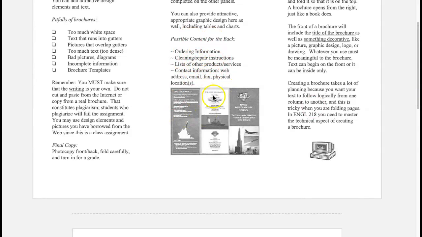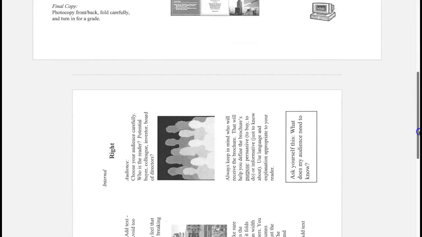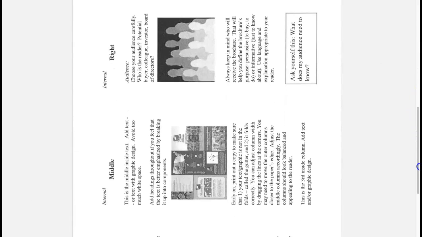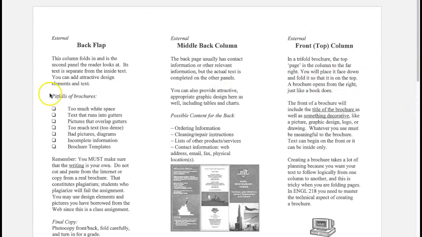Well, this is the middle flap, which is technically in the back. And right here in this flap is where you want to put your reference page, right? But this is more helpful if you were to print it out and fold it, because you can definitely see how the brochure is organized. But in any case, it tells you what the brochure should have in terms of each flap. So definitely make sure that you read this handout.